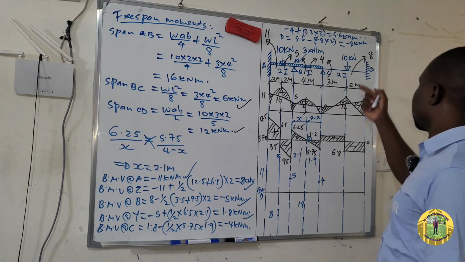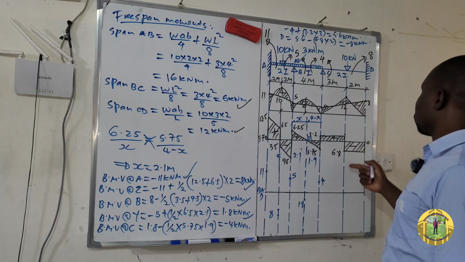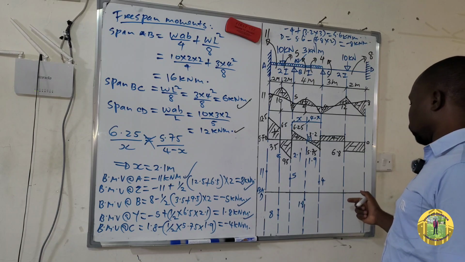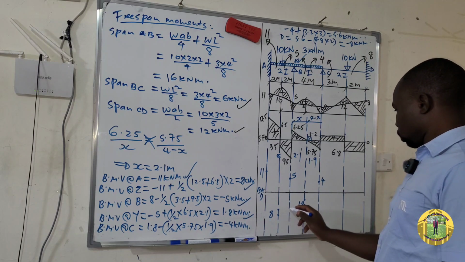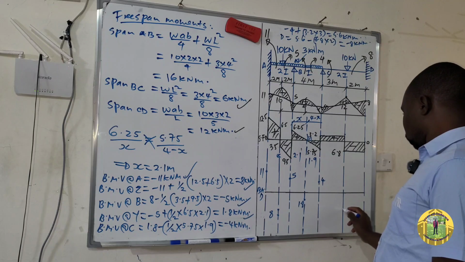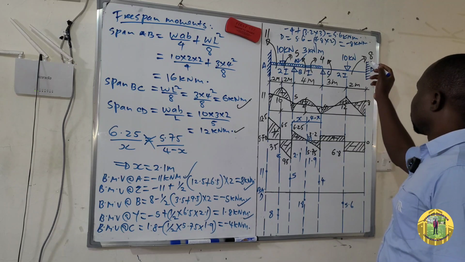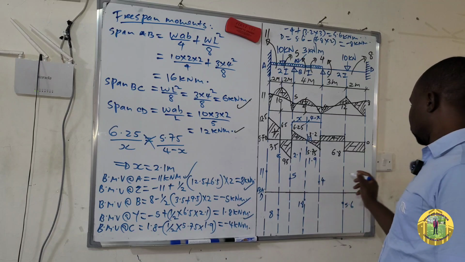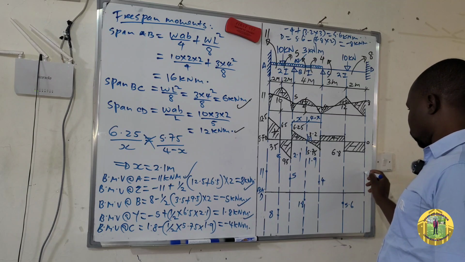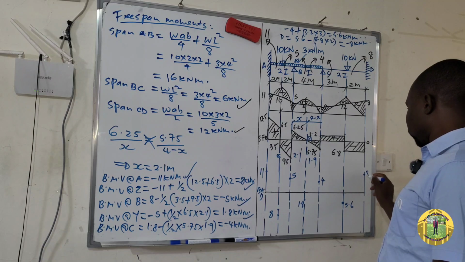And then at 10 kilonewton, we have 5.6. And then at D, 8. At D we have 8.